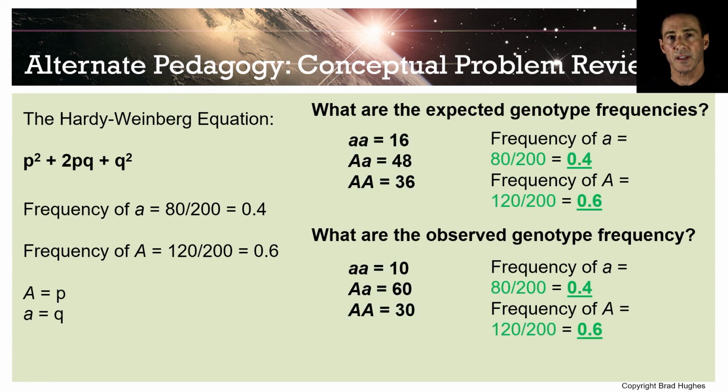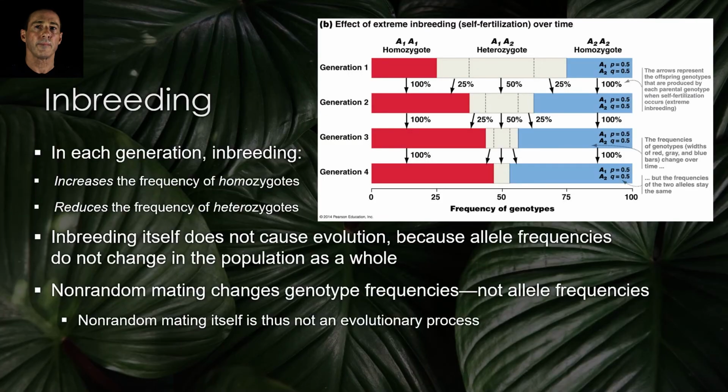Again, since the allele frequencies have not changed, technically evolution has not occurred. So although genotype frequencies are changing rapidly, it is not an evolutionary process itself because the allele frequencies are not changing.